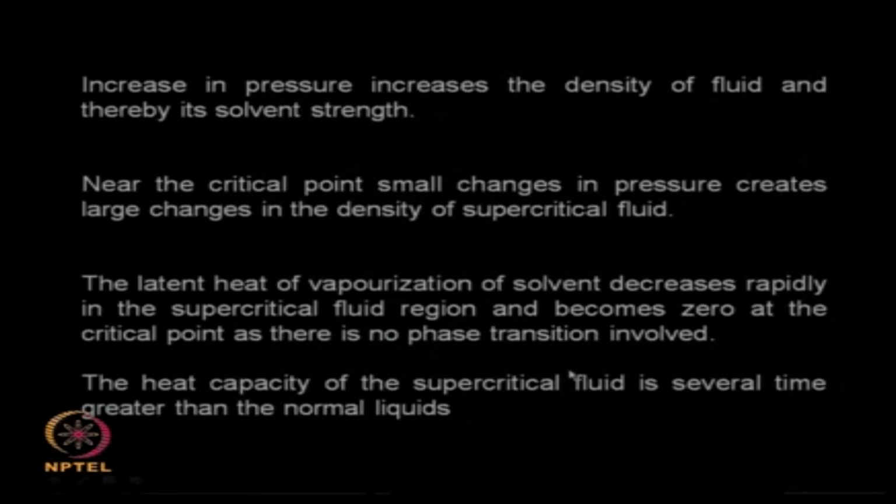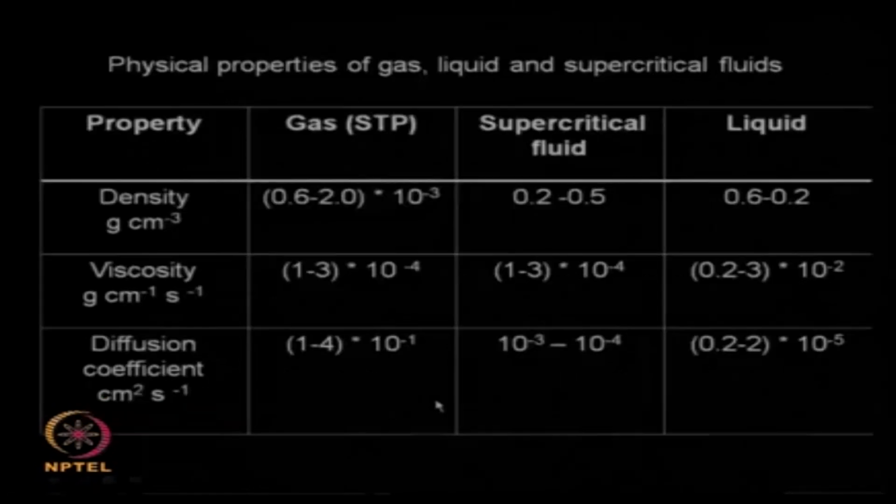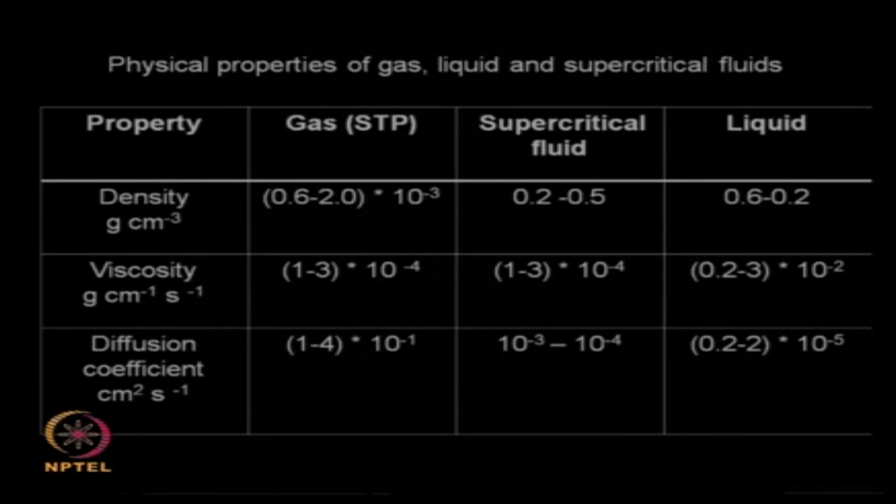And also the heat capacity of the supercritical fluid will be several times greater than normal liquids. If you look at physical properties of gas, liquid and supercritical fluids, as I said, supercritical fluids fall between gas and liquid, and so it gets the advantages of gas, it gets the advantages of liquid, at the same time it discards the disadvantages of both these.